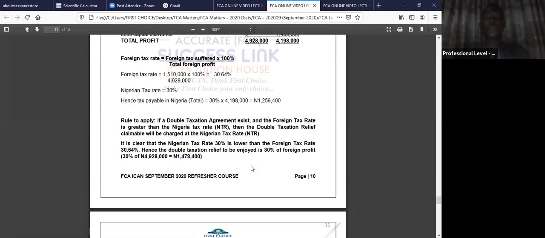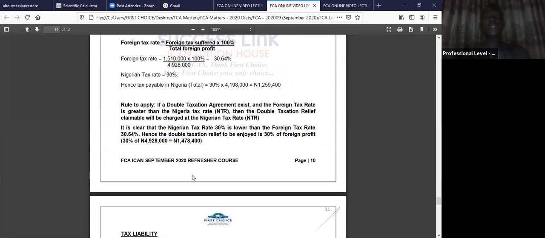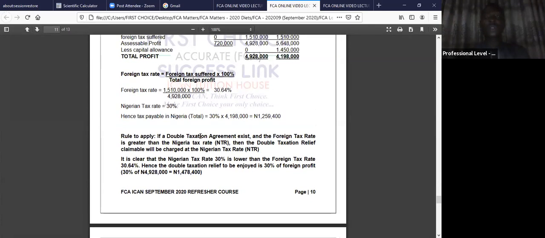Okay, we have another problem. Because we have this amount here, still smaller than the relief, that means we are still going to relieve just this amount, because you cannot relieve in Nigeria anything bigger than Nigerian tax. So this relief is still bigger than Nigerian tax.